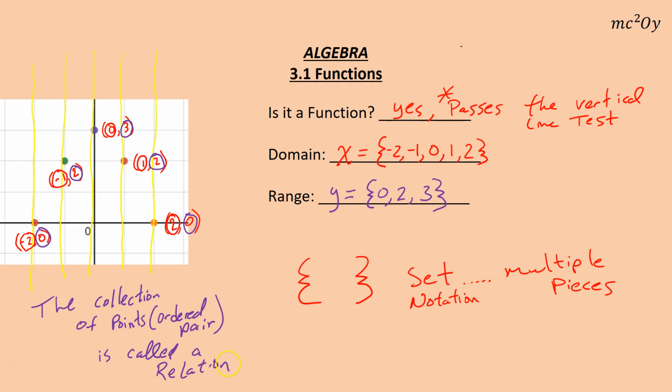So when you see the word relation, it says, hey, is this relation a function? Well, here is your relation, the collection of these points. If there is only one set of points, that one ordered pair would be the relation. If there's 10 sets of points, then we would call them all put together a relation. Okay? So, is this relation a function? Yes, it is.